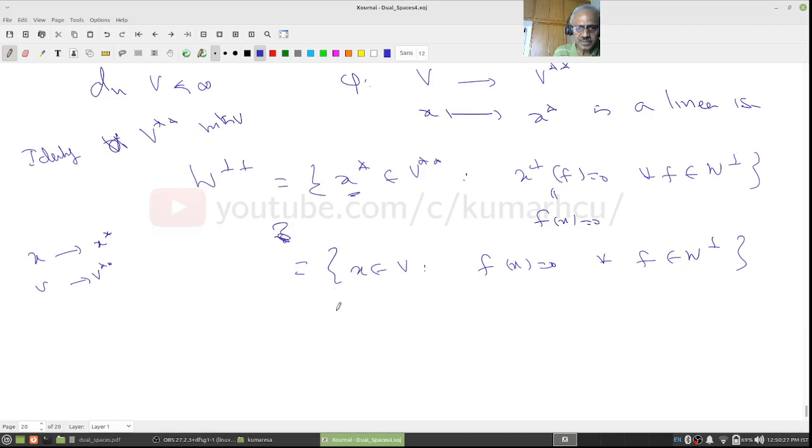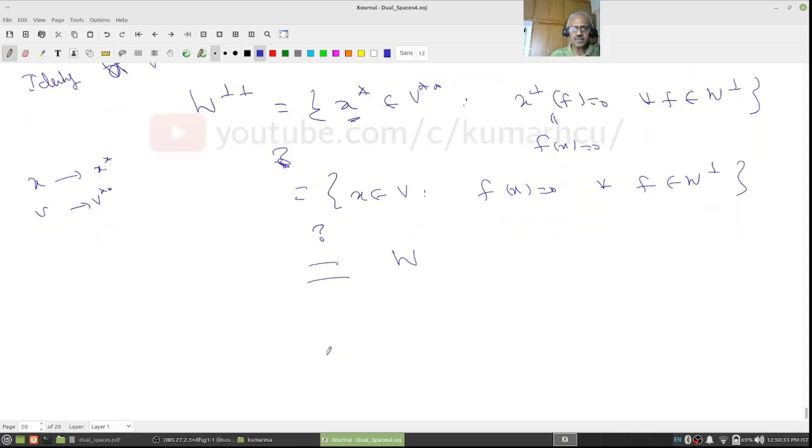Okay, this is the definition. Therefore, we want to know whether this set is W. Please go through it. So we identify W perp perp with the set of x in V so that f of x equals 0 for every f in W perp. Okay, this is a subset of V. Now I want to know whether this subset of V is the same as W. Is the question clear?